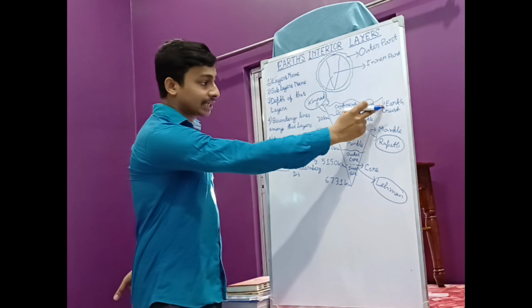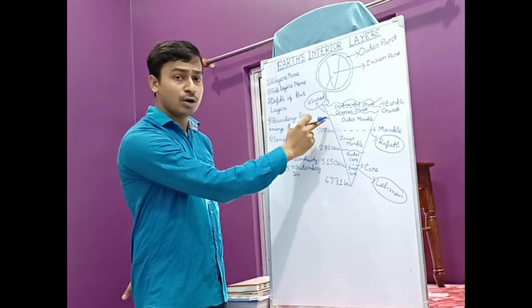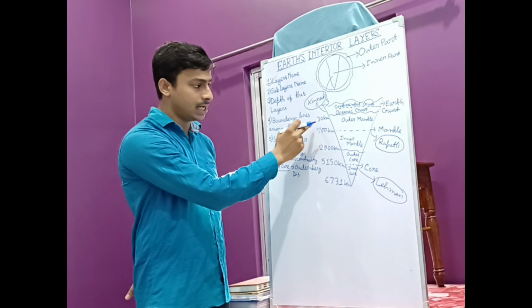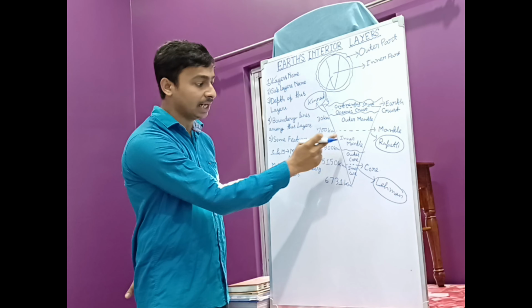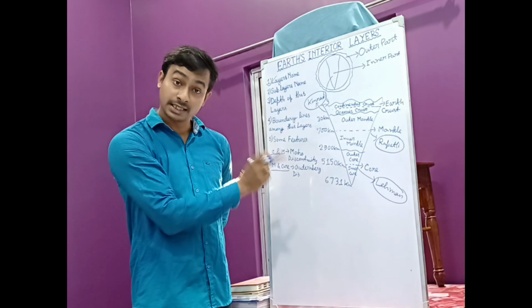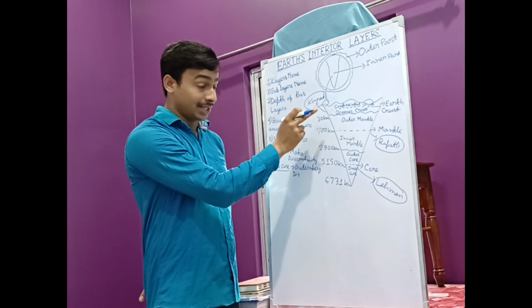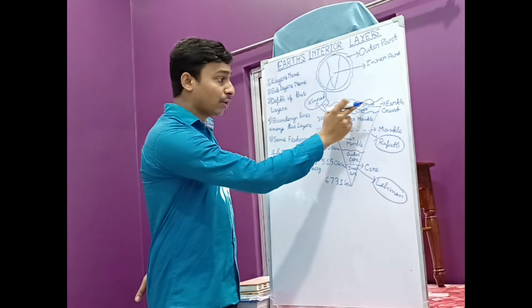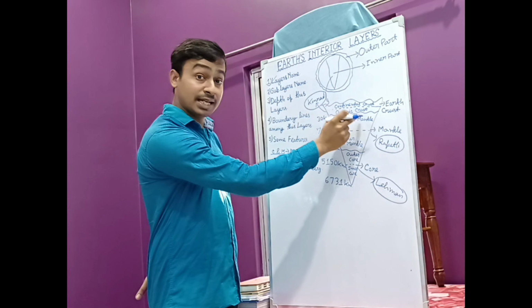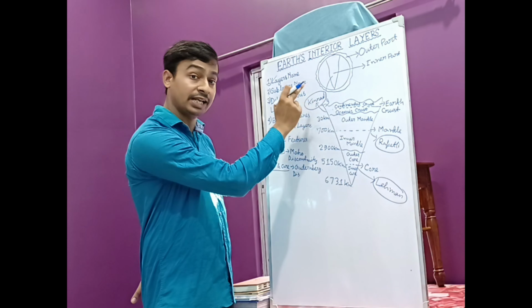Main layers: crust and mantle are divided by Mohorovicic discontinuity line. Second, mantle and core are divided by Gutenberg discontinuity line. So subparts: continental crust and oceanic crust are divided by Conrad discontinuity line.